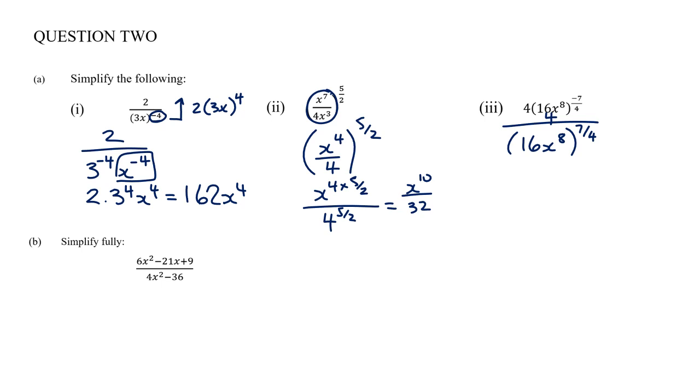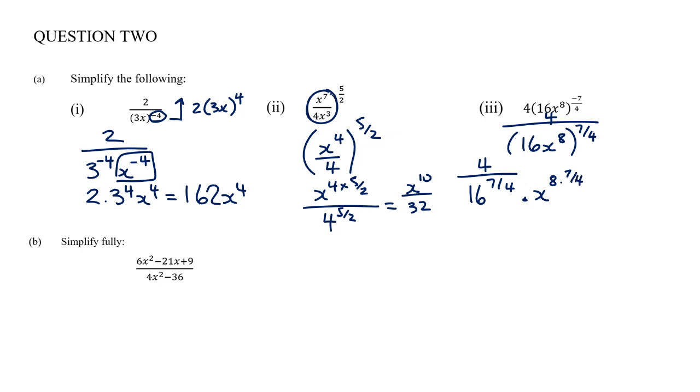Okay, and again, 2 parts of this. If you just go in your calculator 4 over 16 to the power of 7 over 4, that'll give you a number on your calculator. Some people will do that right now while I'm talking, I hope. But ultimately, you've also got to multiply this by x to the power of 8 times 7 over 4.